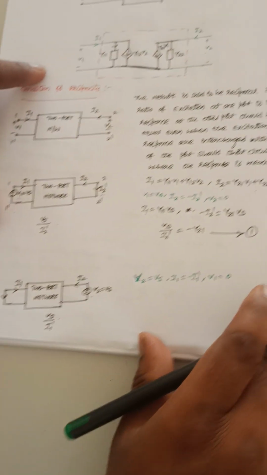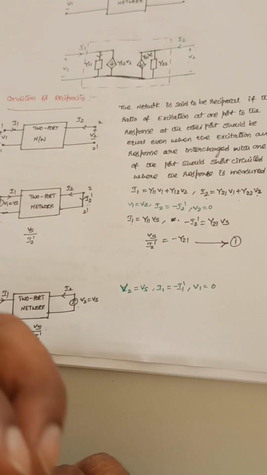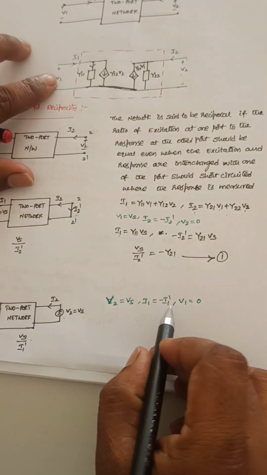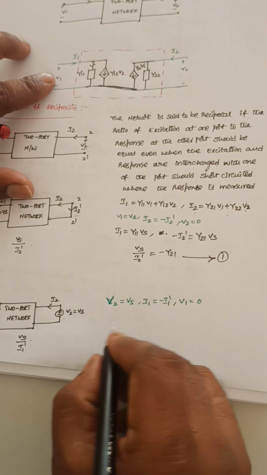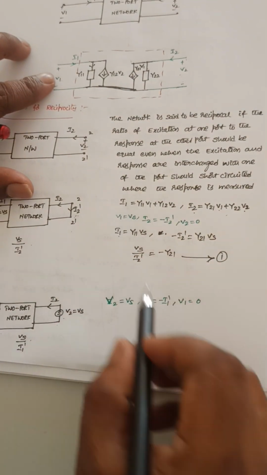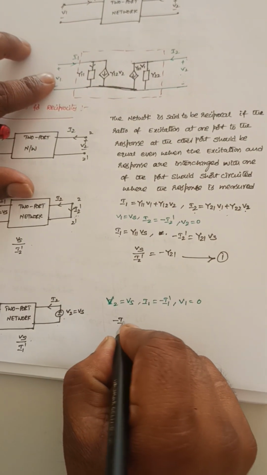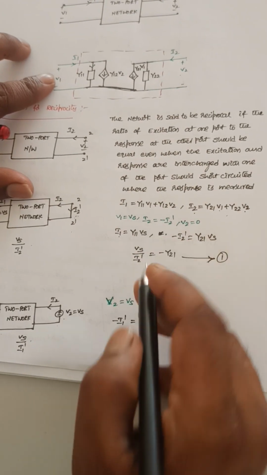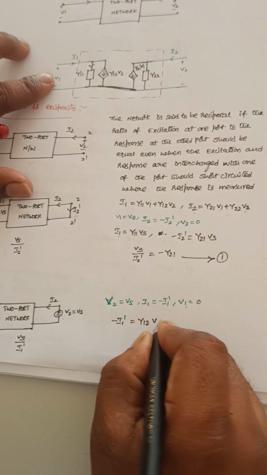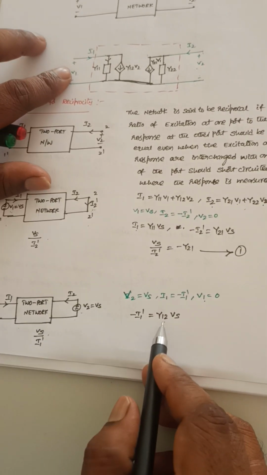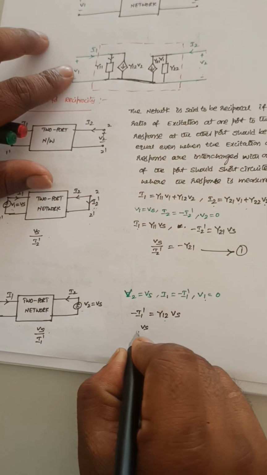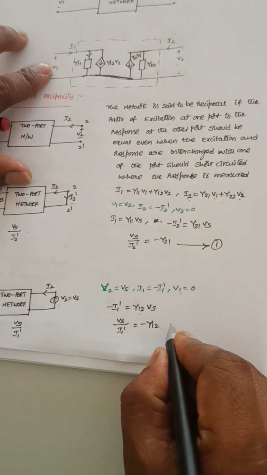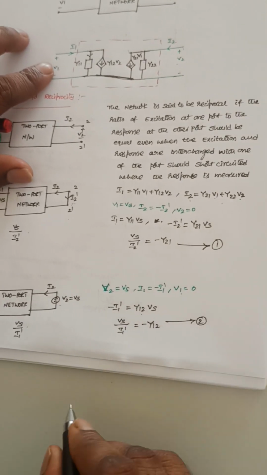If I substitute these conditions in these expressions, then I1 is equal to minus I1 dash. So minus I1 dash is equal to Y12 Vs, since V1 is equal to 0. From this I can calculate Vs by I1 dash is equal to minus Y12. So it is equation number 2.